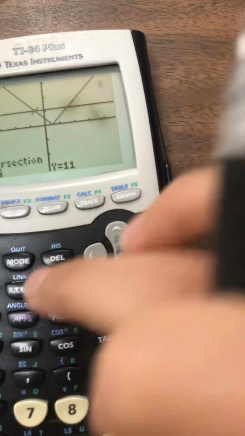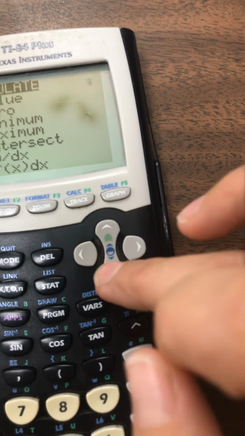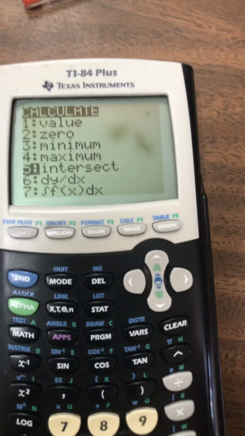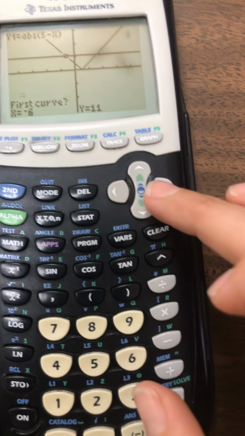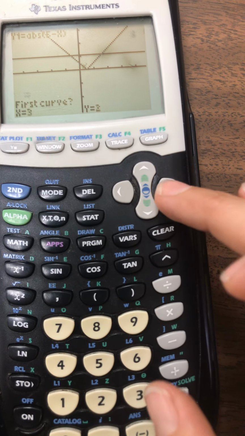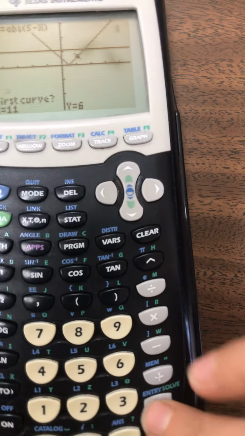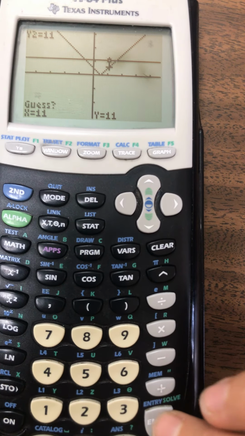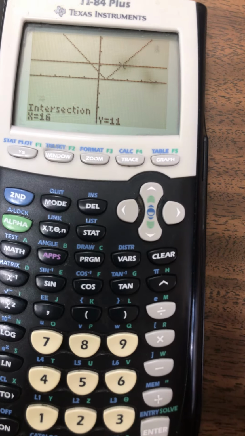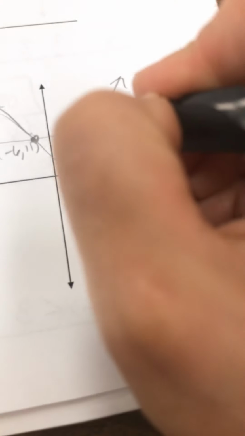Now let's do our next point. Second calc, intersect, enter. You're going to go over to the other side, enter, enter, enter. 16 and 11 is what we get for the next one. So we're going to write that over here. 16, 11.